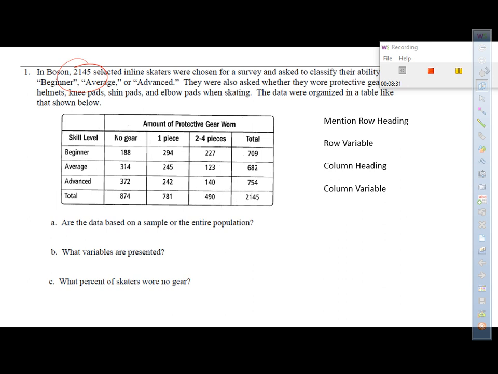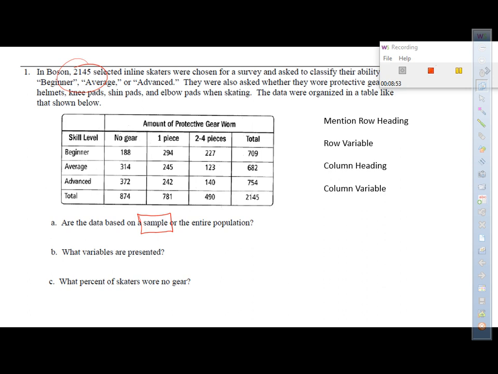Now ask yourself this, did they interview everybody in Boston, or did they just go out and find a sample of people that live in Boston that also happen to skate? In this case, all of this data is based on a sample. There's no way they talked to everybody in Boston. We don't know that every inline skater in Boston was surveyed.